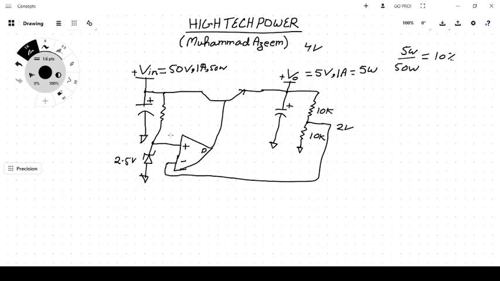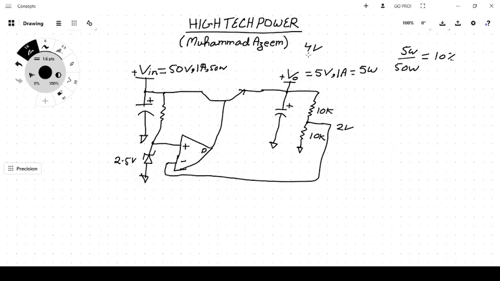Hence this way the regulator, the series pass transistor, operates in such a way that if the output voltage has gone to the upper limit, then the op amp would behave in such a way that the drop across the series pass element would increase, and due to the increased drop, it will rob or steal the voltage from the output, and the output voltage will start decreasing, and from 6 volt it will go to 5 volt.